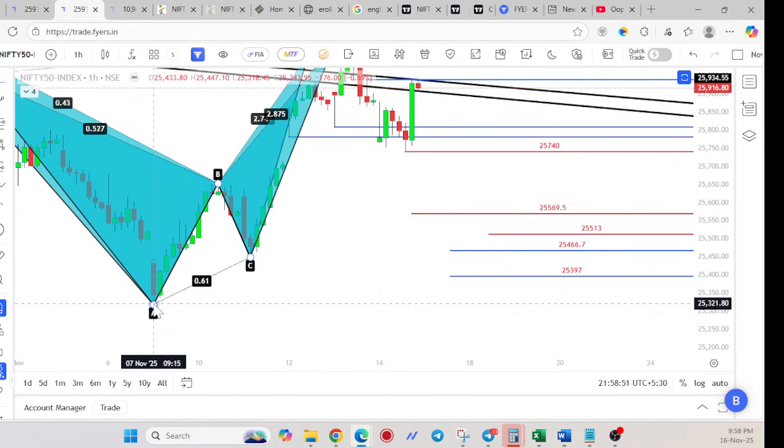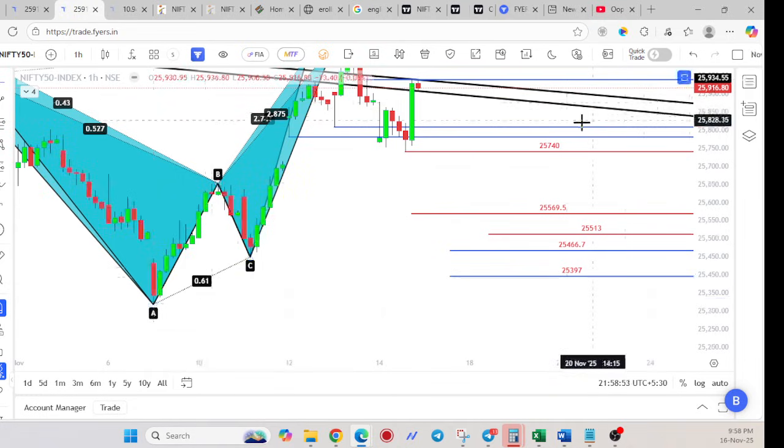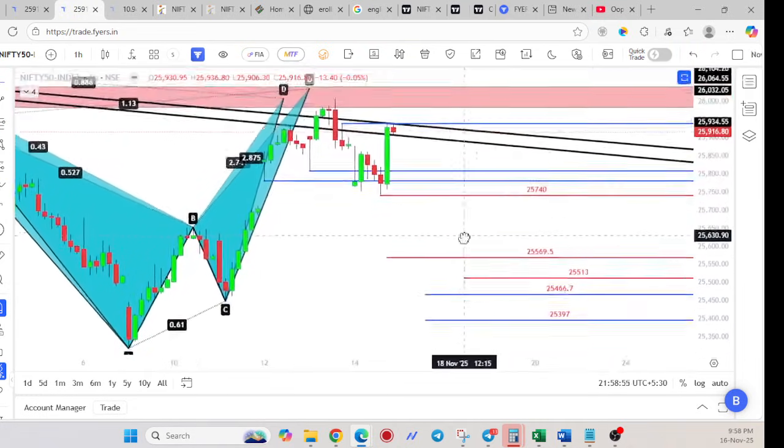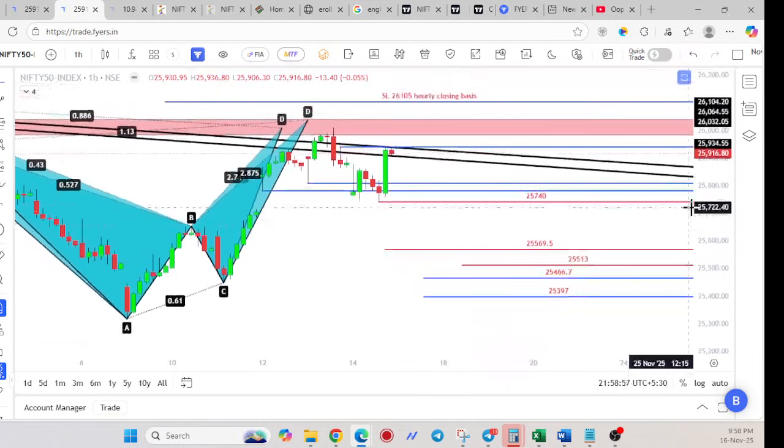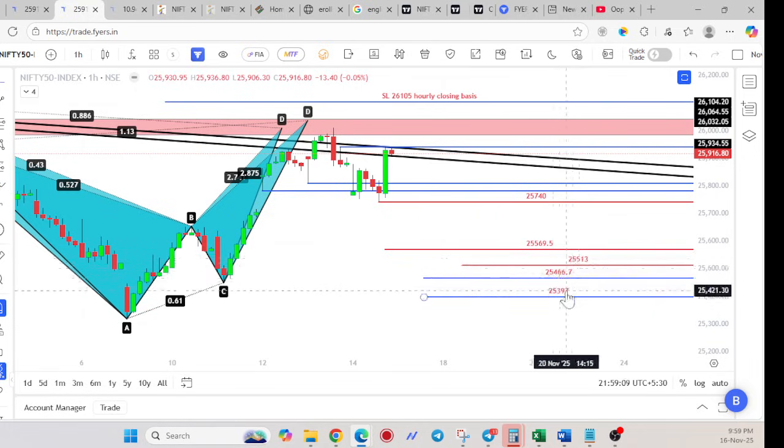I'll come to that. Which is very far, right? So now note down these two numbers, very important numbers. A 25,740 hourly close can bring down Nifty maybe to 25,513, 25,466 levels, maybe even 397 levels. So note down this number, 25,740 hourly closing basis.